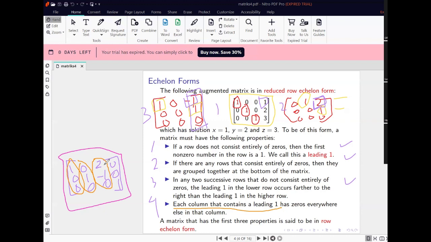Okay, so next we go on to column number 4.